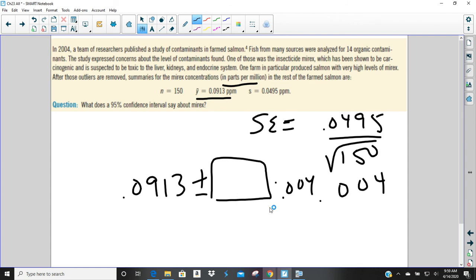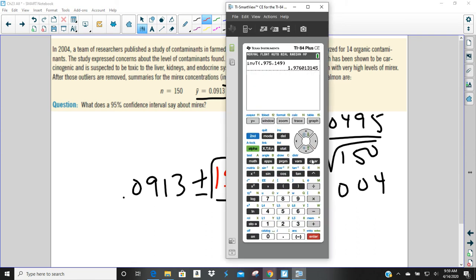So I'm going to write in here 1.977. How do I use the calculator for this? This is how we would do it. Again, you have to remember that we are going to do a two-sided sample with a confidence interval. So therefore, it's not really 0.95, it's going to be 0.975 because we're looking to get it from both sides. So I'm going to go to second distribution, and on everyone's calculator, you should have inverse t.